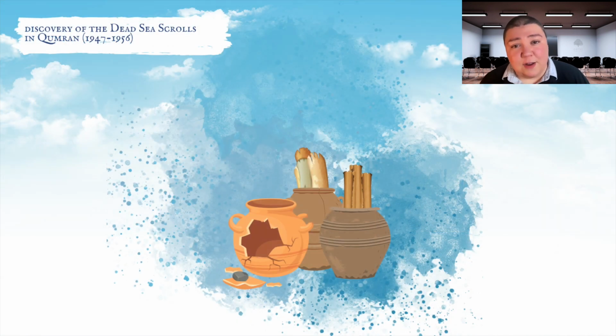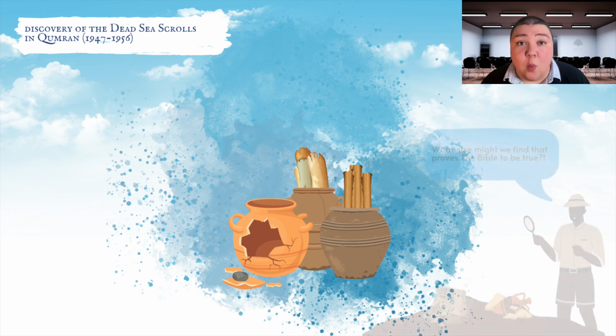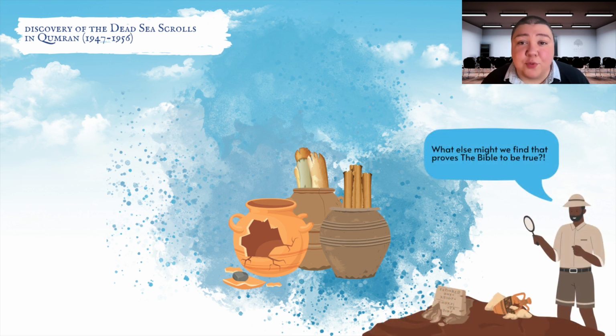Following the discovery of the Dead Sea Scrolls in Qumran between 1947 and 1956, an event we'll come back to later in this course, it spurred on in the coming years a near frenzy in some sections of Western Christian scholars. What else might we find that proves the whole Bible to be true? It really roused the passion for archaeological digging for biblical historical proof.